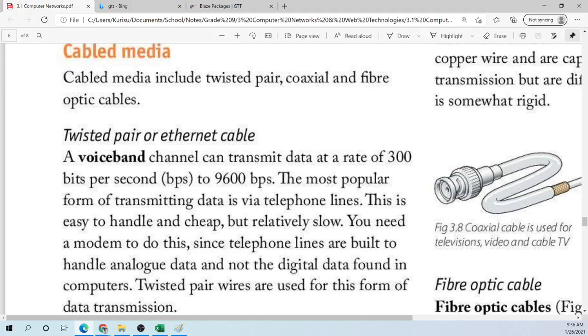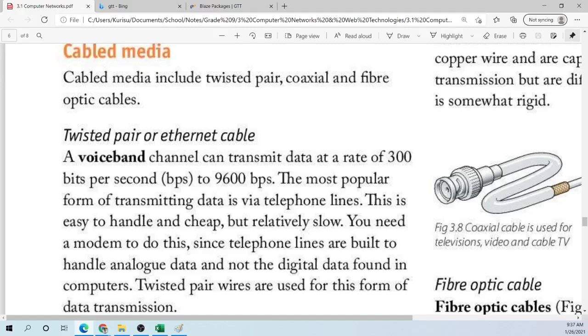Cabled media. Cabled media include twisted pairs, coaxial, and fiber optic cables. Twisted pairs or Ethernet cable. A voiceband channel can transmit data at a rate of 300 bits per second (bps) to 9,600 bits.